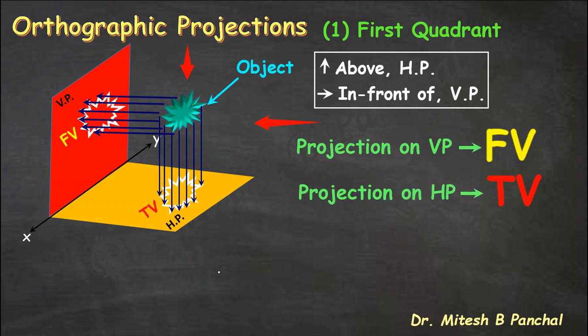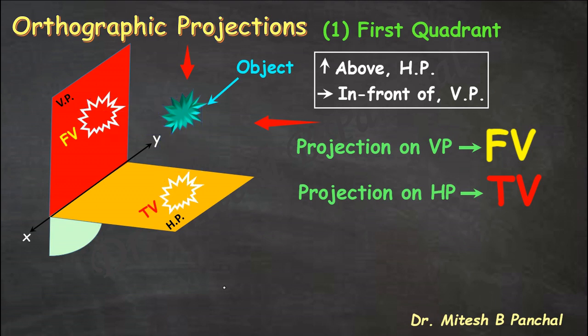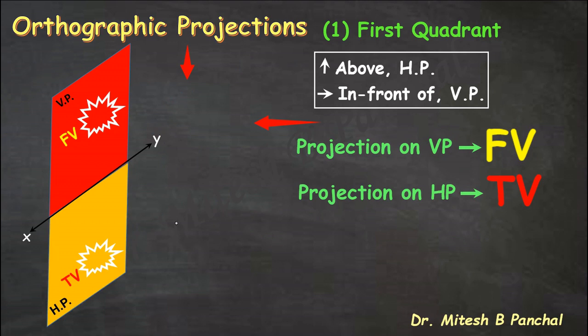So the next rule is that we have to fix the position of the vertical plane. That is, VP remains fixed and HP will rotate in clockwise direction by 90° about reference line XY, so that front view and top view, both the projections, will be in the same plane, right?